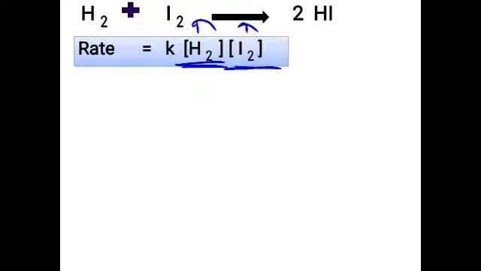Again this is an example of a second order reaction, because it increases with concentration of both reactants, hydrogen and iodine. So it's power 1 and 1: with hydrogen power 1 and with iodine power 1. When you add up the powers for the overall reaction, you get order equal to 2.